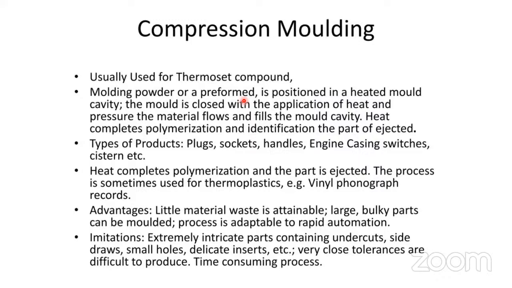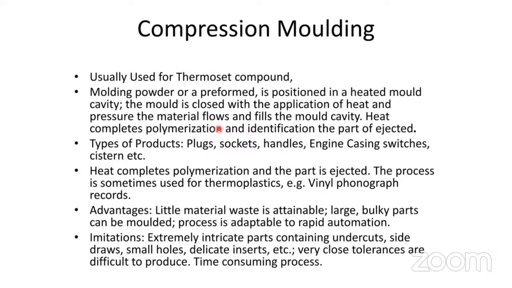Now, this preform, they are positioned in a heated mold. I told you, you have to first heat the mold in the compression molding process. The mold is closed with the application of heat and pressure. The material flows. See, after closing the mold, material starts to soften due to the heat and the pressure.